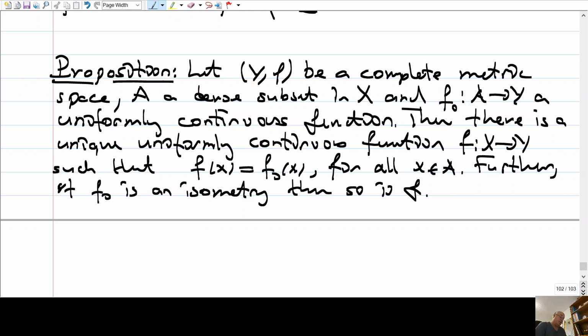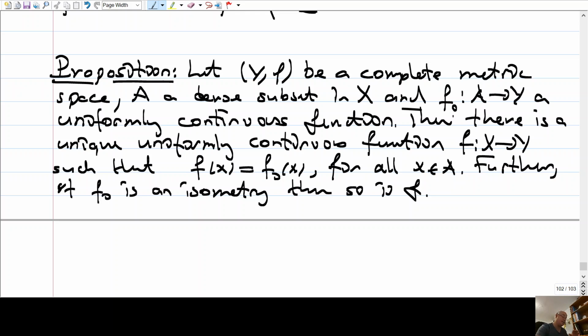Let me go over it. So I have a complete metric space Y and another metric space X, and we have a function defined on a dense subset of X. Let's say f0, which is uniformly continuous. The statement is this.